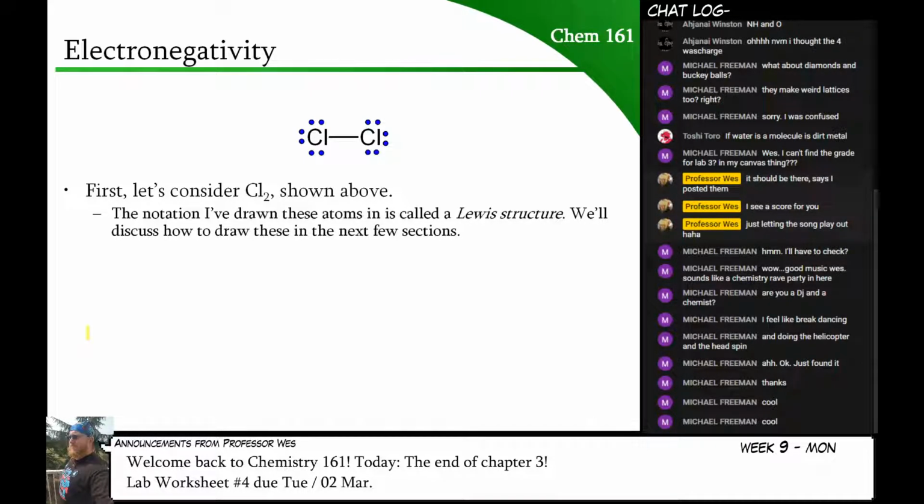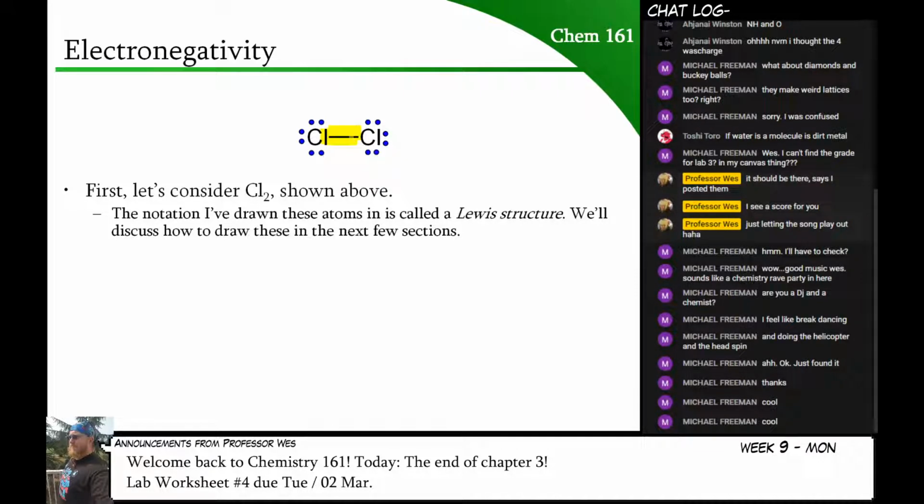I've drawn on the board a Lewis structure, which if you took 140, you probably remember this. All the dots represent electrons, and then that line that connects them is a pair of electrons that is shared. What we're going to do is think of these electrons in the middle here as sort of a tug-of-war situation.